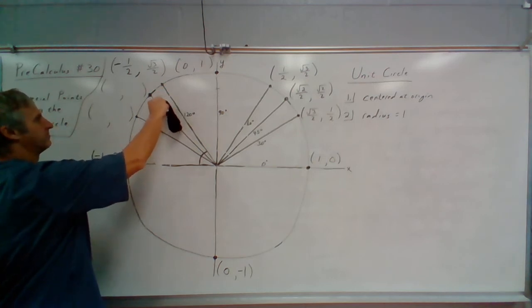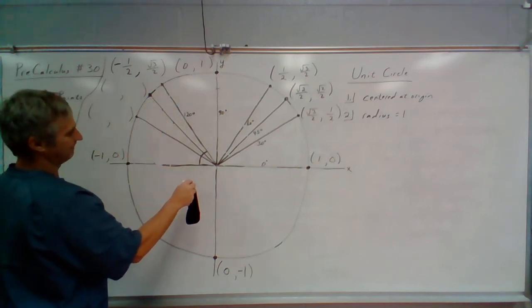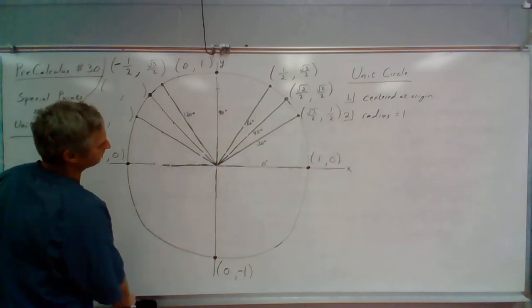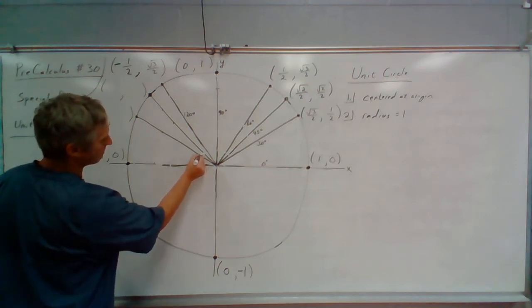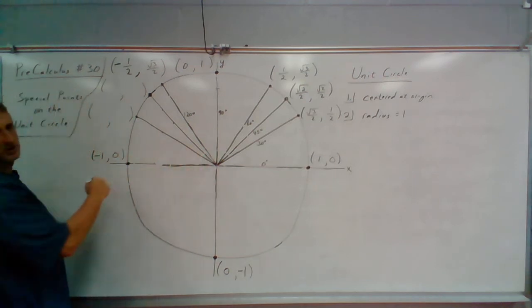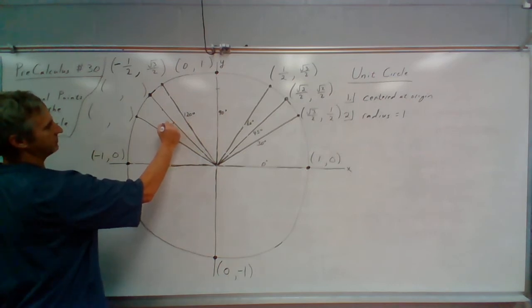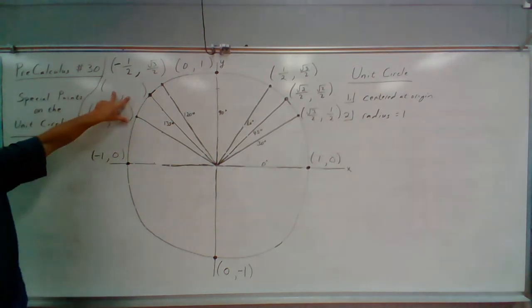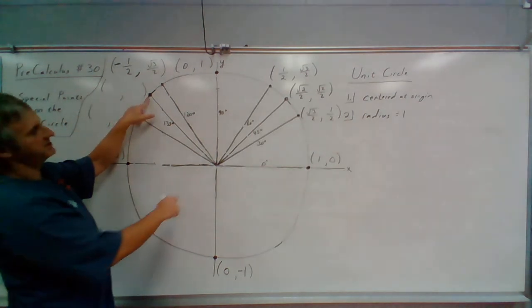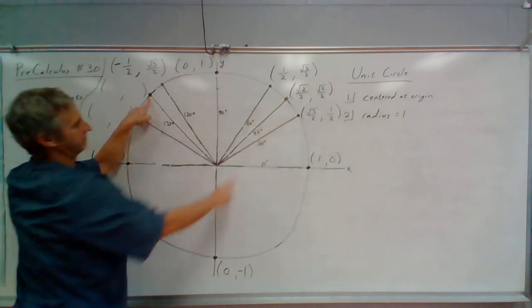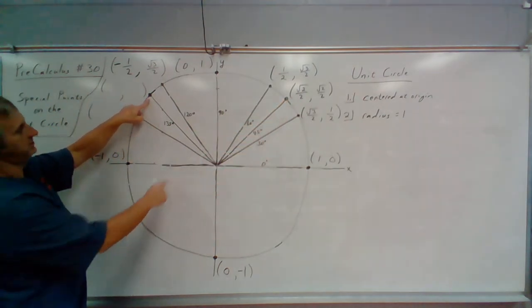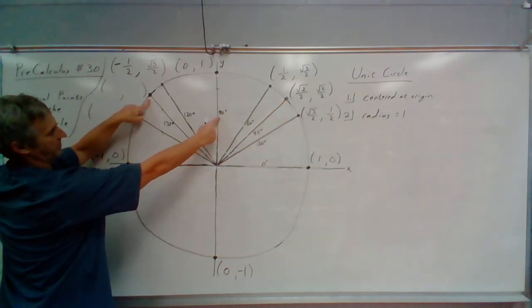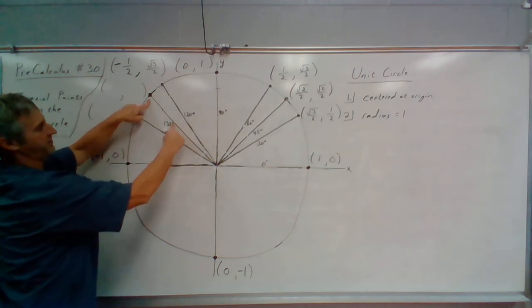So let me get rid of some mess here. All right, so what about this next one? The next one would be 135 degrees. So from here to here is 135 degrees. What are the coordinates of this point? Well, this matches up with this point. Okay, so it's 45 degrees from here to here.